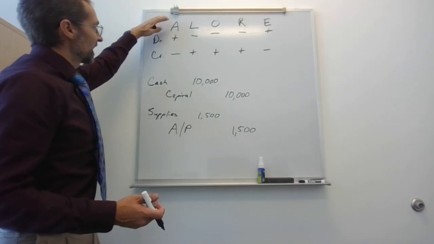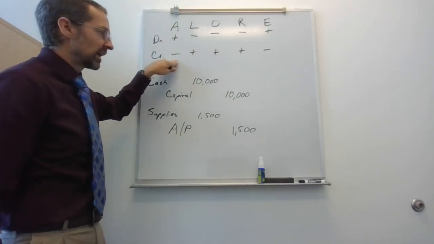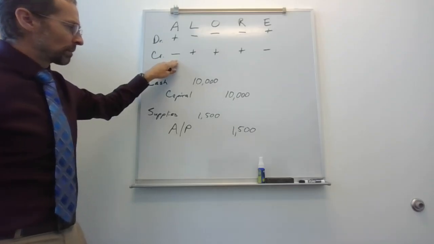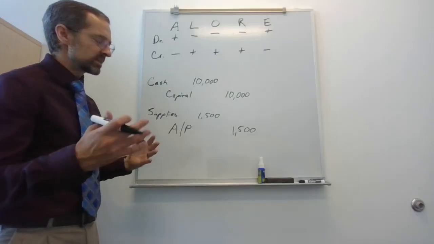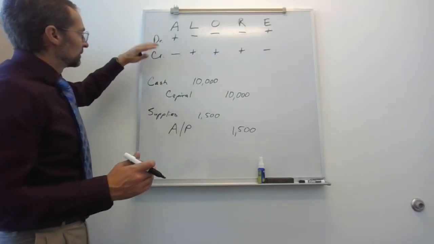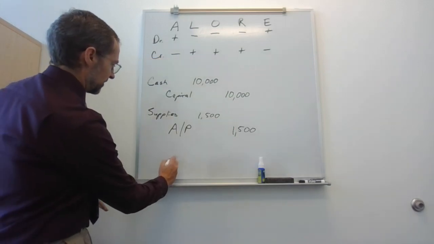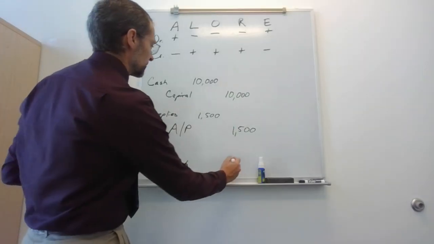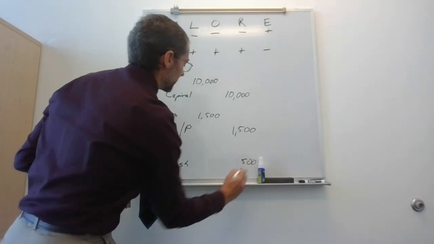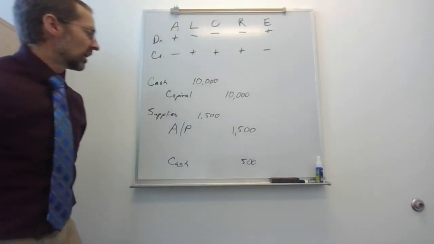I look at this. Cash is an asset. To make cash go down, I must have to credit that. So that can't go first because we always have to put the debits first for a reason I'll explain in a little bit. So we say, well, cash has to be credited. So let's put that down here. I'm going to skip a line because I need to put my debit first. But that's the first one that I figured out was cash needs to be credited 500.